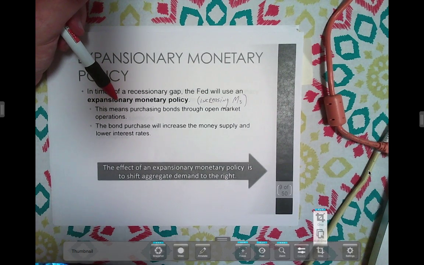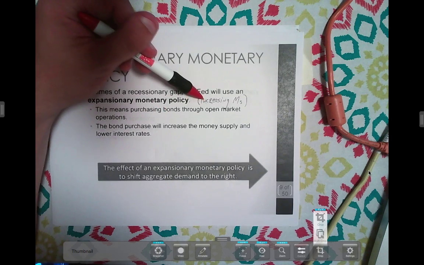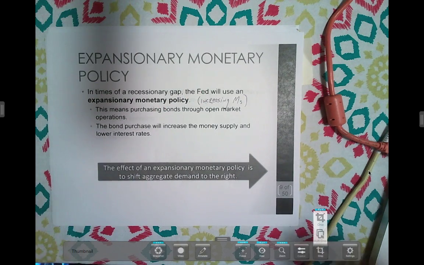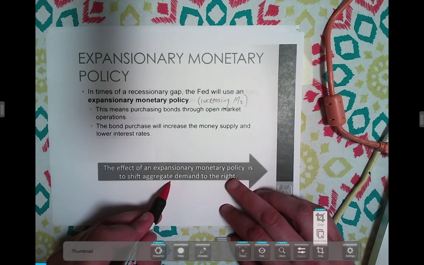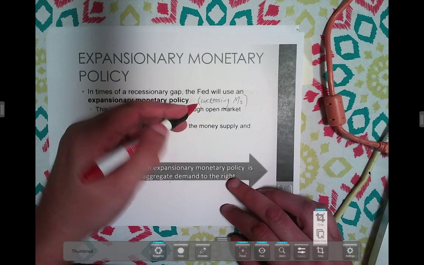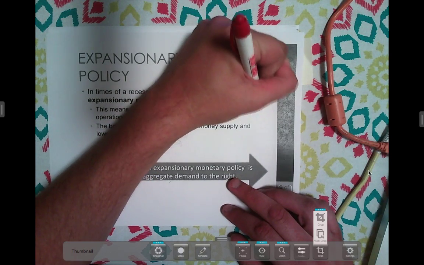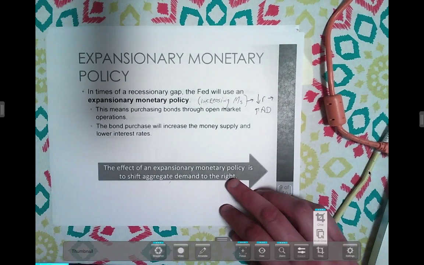The primary expansionary monetary policy that you'll see is the Federal Reserve purchasing bonds, because they're buying that with newly created money. Newly created money is the higher money supply. And how that looks in terms of the aggregate demand curve is that increasing the money supply lowers interest rates, which increases the aggregate demand curve.